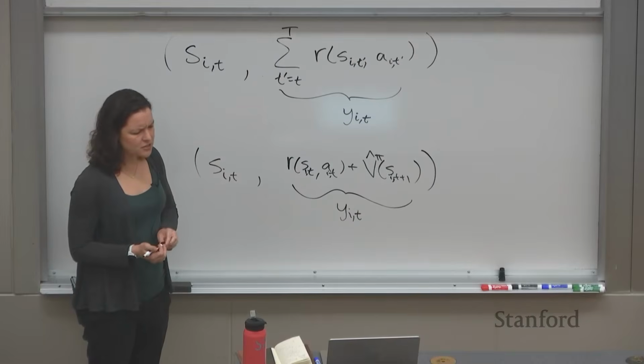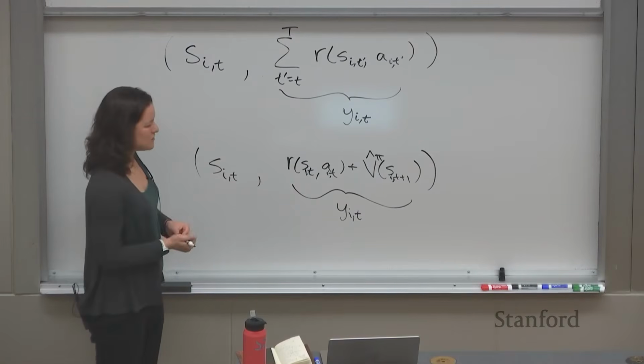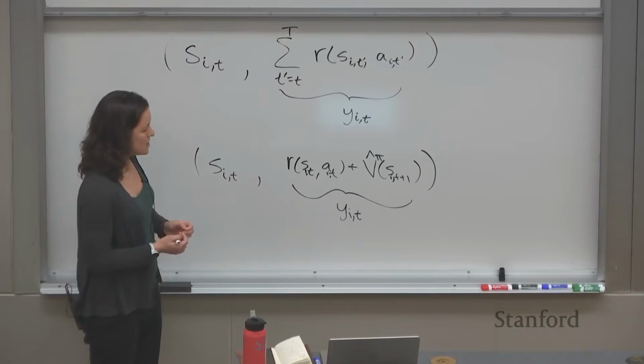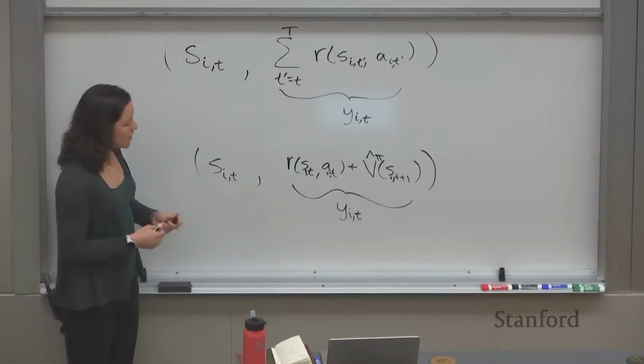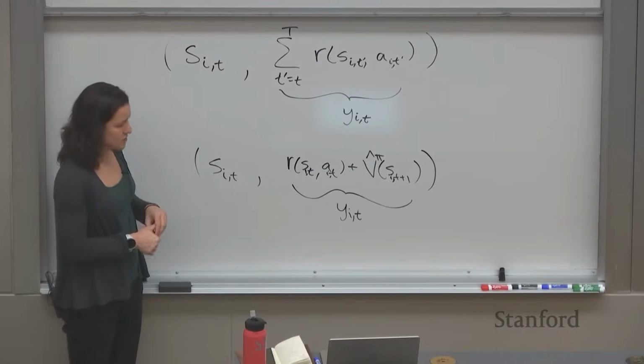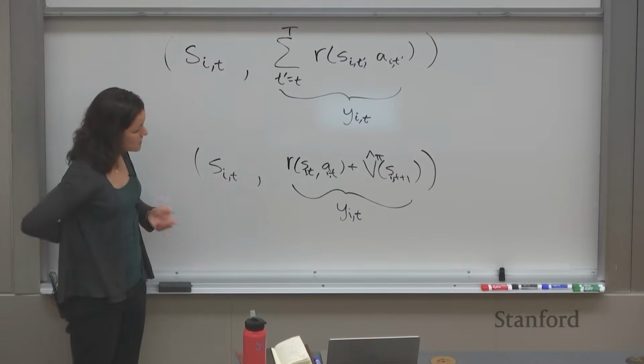Yeah, so the question is, does this require that you have a good initial value estimate? Because if it's really bad at the beginning, then your targets will be really bad. There are some considerations when initializing it, although oftentimes you don't need to do anything super fancy to initialize it, and you can just get started training on this directly.